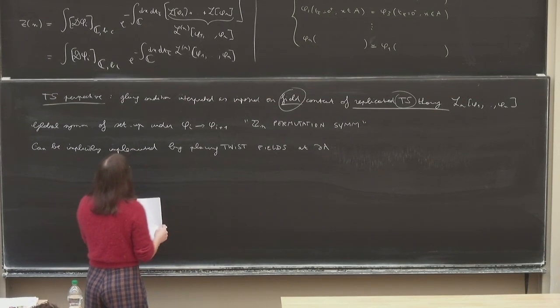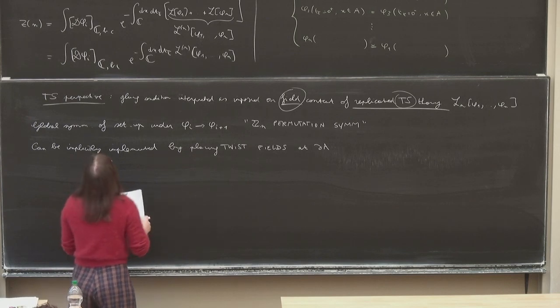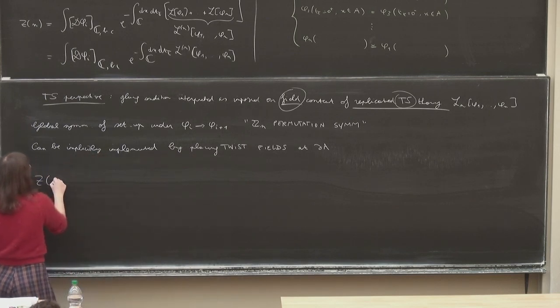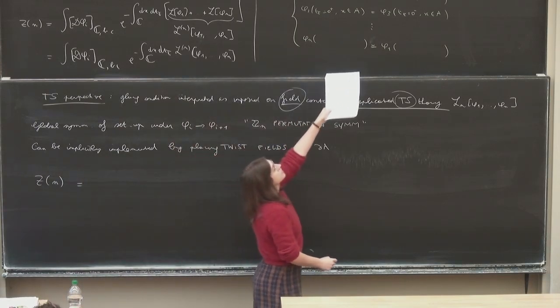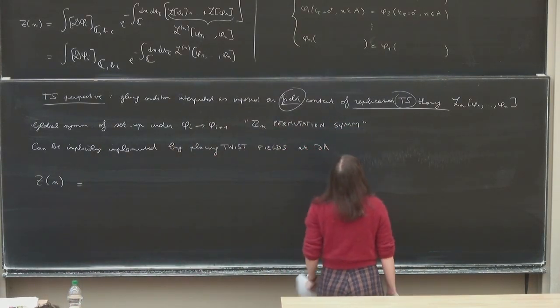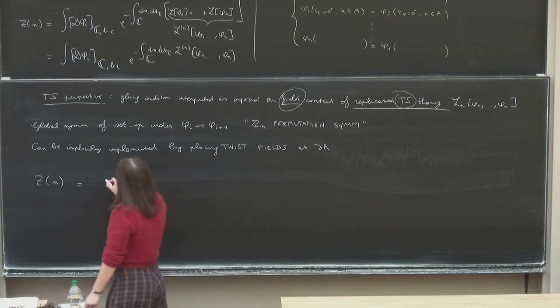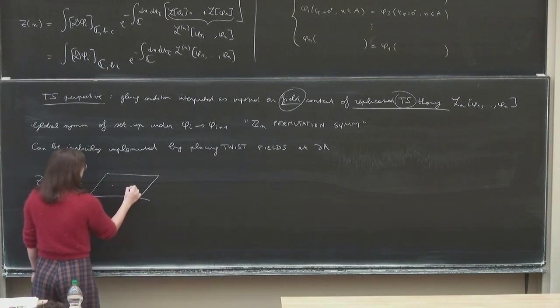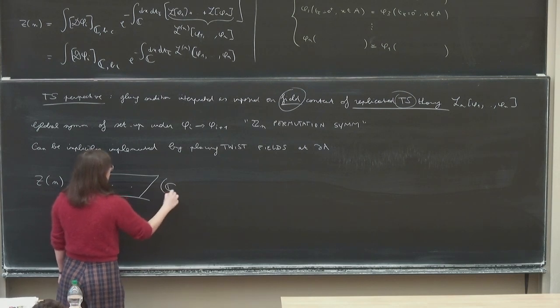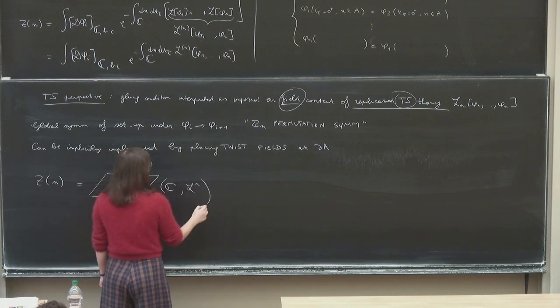So what that allows me to do is leave out in my picture these plus boundary conditions to remember, and just take the final picture that we were working with. So we had one sheet, but with a replicated theory on it.